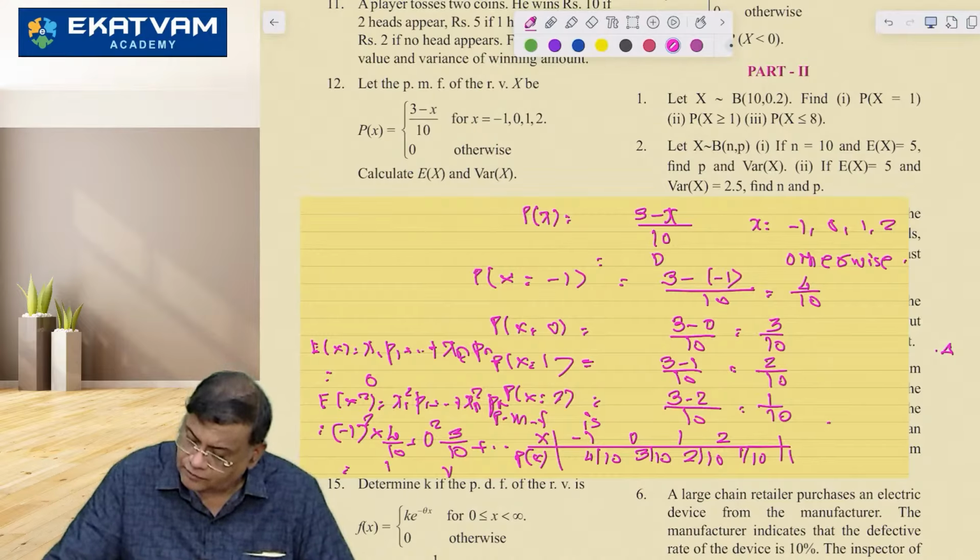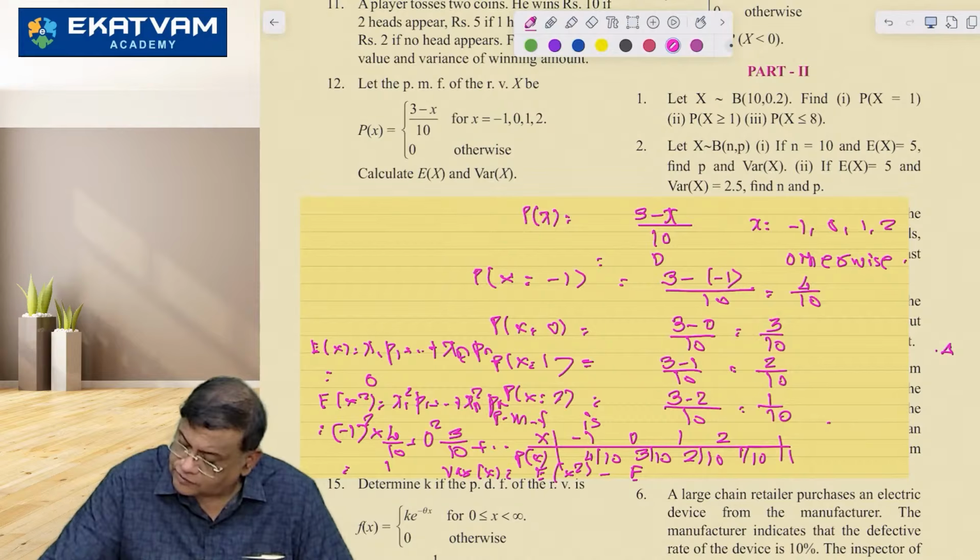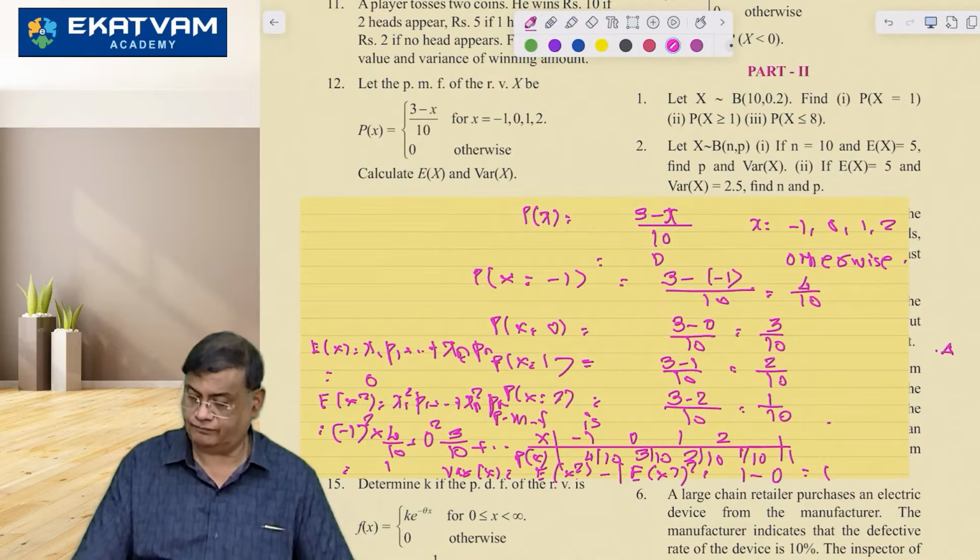And therefore variance of x is equal to expectation of x square minus expectation of x, the bracket square. So 1 minus 0, which is 1.